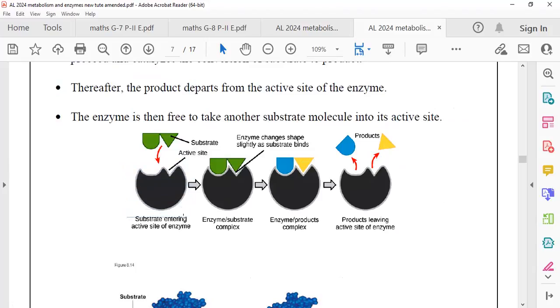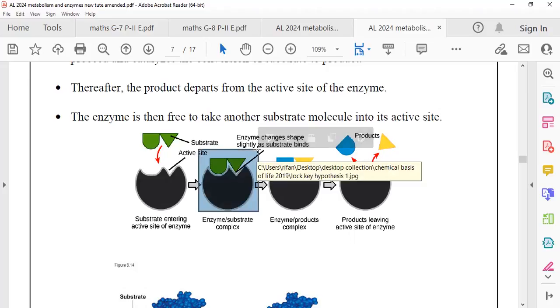In the enzyme, one place is called the active site. Substrate binds to the active site. After they join, the total unit is called the enzyme substrate complex. Clear?